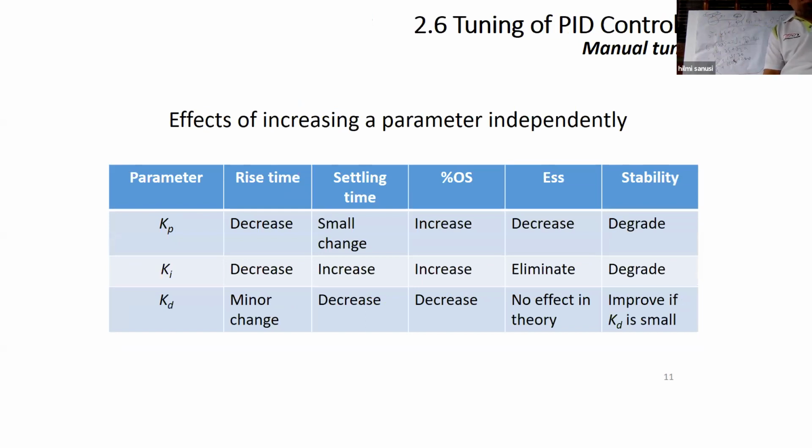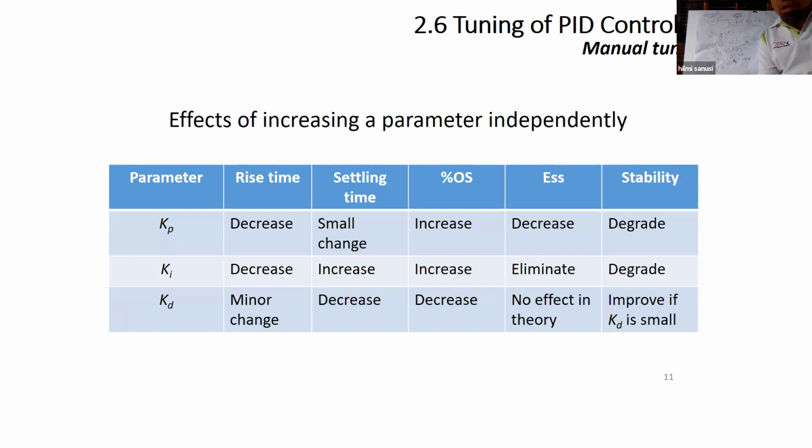Alright. So what is the effect? So in this PID controller, kalau kita adjust KP, dia akan decrease the rise time. Settling time, there will be small change. Tapi percent of overshoot will increase, steady state error will decrease, stability will degrade.